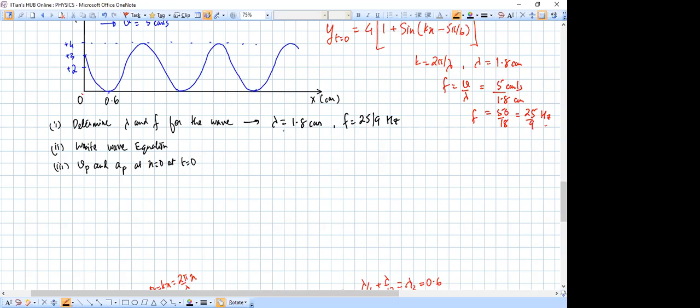Now what will we do for the equation of the wave? This has to be converted. So y as a function of x and t will become 4 into 1 plus sine kx minus omega t minus 5 pi by 6.